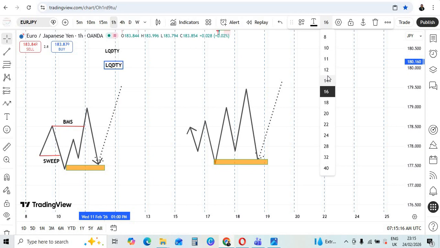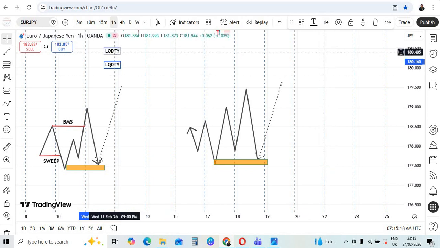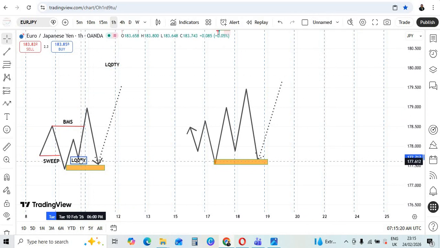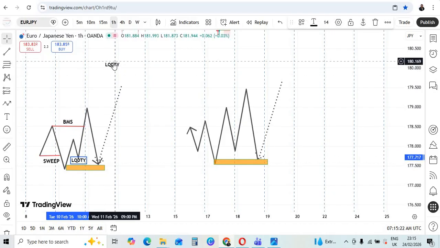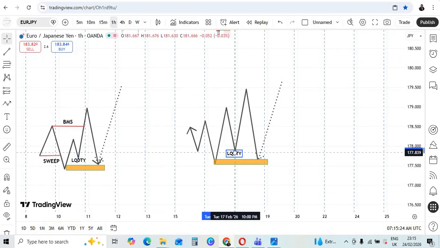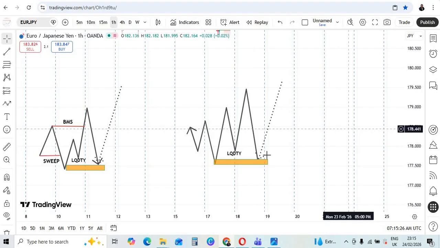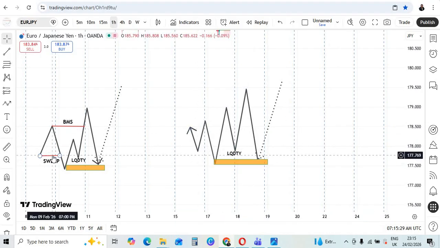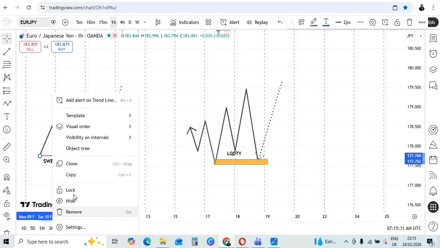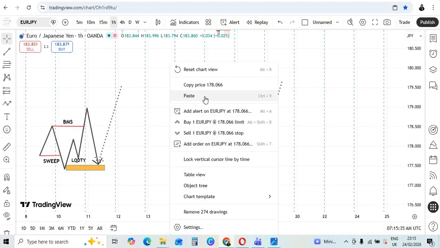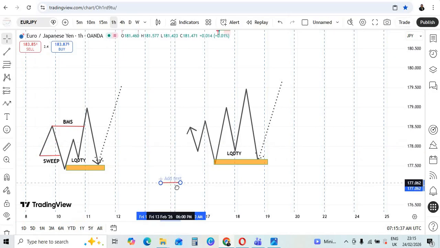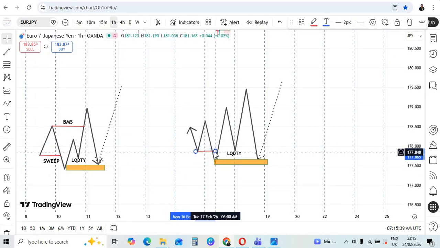So we have the liquidity. This is the liquidity. This is another liquidity. You can see, the same way we have it here. So we have a sweep and a break. Very easy. Can you see? This is a sweep.